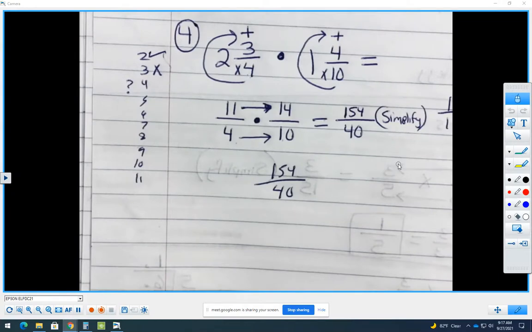Guys, if they're even, 2 works. Now Hector just gave another one. If the last number in the ones place is a 5 or a 0, then 5 can give you that number. So 5 can give us 40, but can 5 give you 154? No. So guess what? 5 is not going to work.